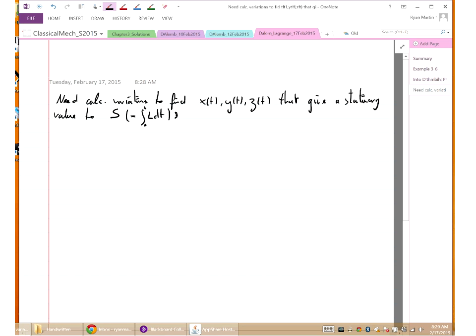Okay? So if you remember from the calculus of variations, if I have to show this for the assignment, that for each of the functions, so in this case there's three functions, L depends on three functions, right? So you get an Euler-Lagrange equation for each of the three functions. So you have to use the Euler-Lagrange equation.